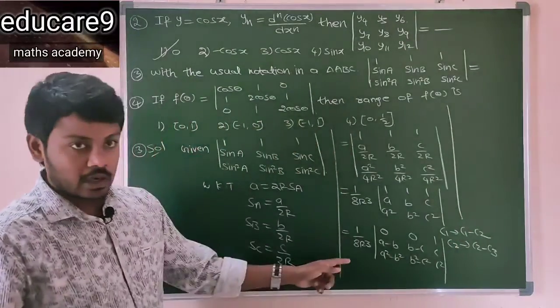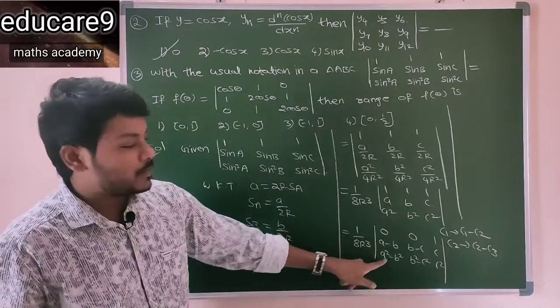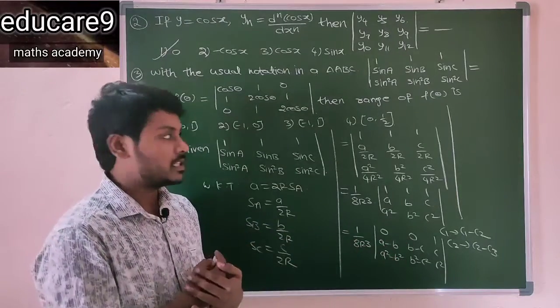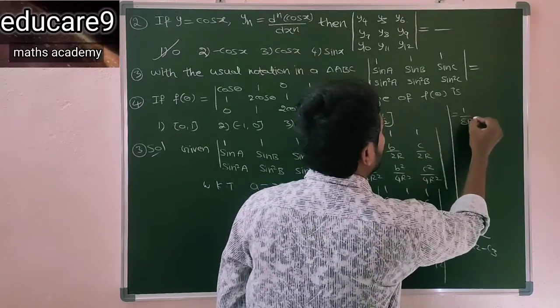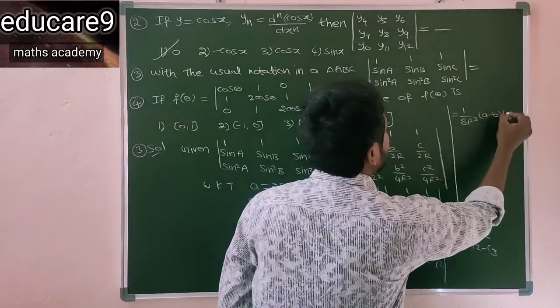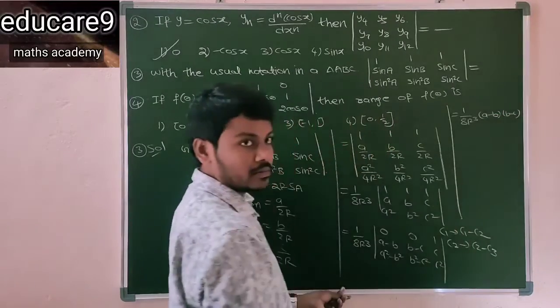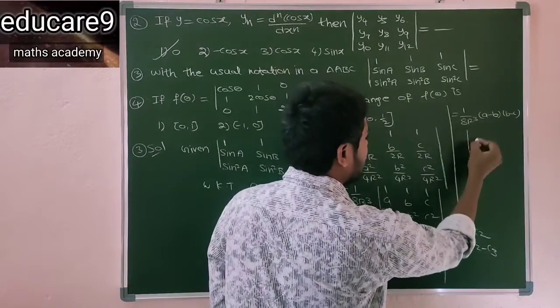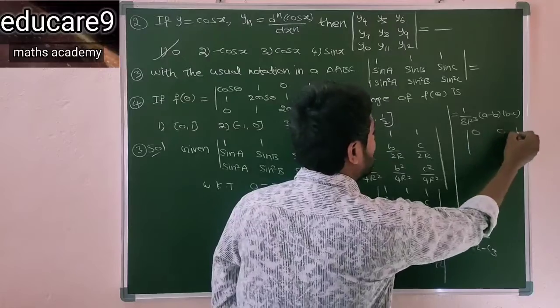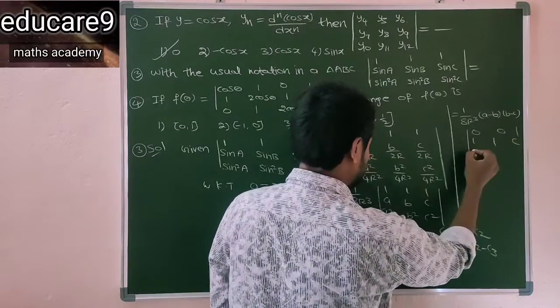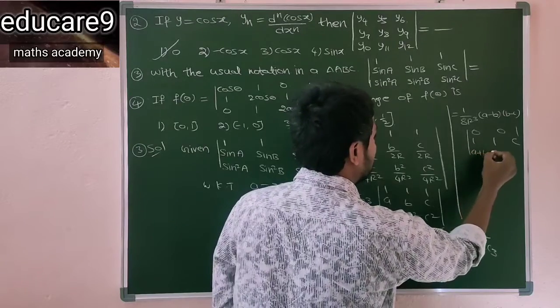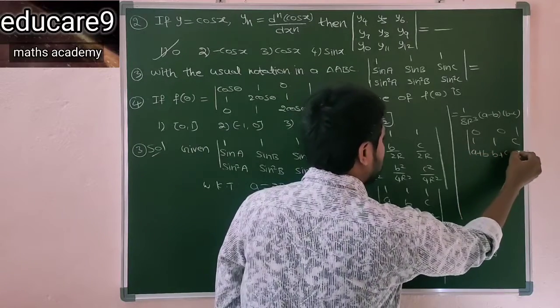Okay. Now from the first column a minus b, from the second column b minus c comes. So this can be written as 1 by 8R cube into (a minus b)(b minus c), remaining 0, 0, 1, next 1, 1, c, next a plus b, b plus c, c square.